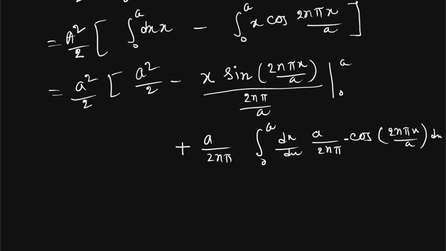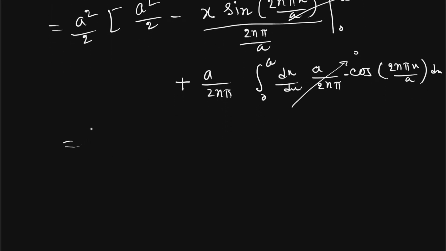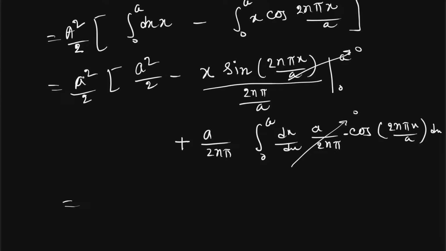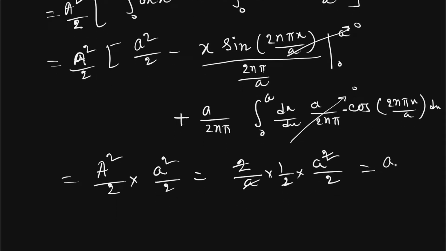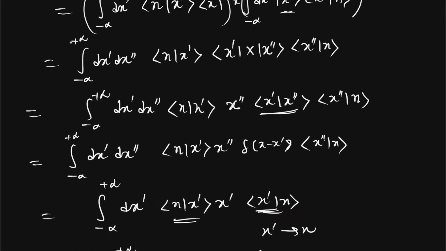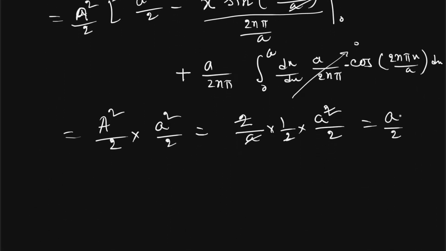And the integration of cos(2nπx/a) from 0 to a will be 0, so both terms vanish. So this is (a²/2) times a²/2, and we know the value of |A|² is 2/a, times half into a²/2. That means the expectation value of x will be a/2.